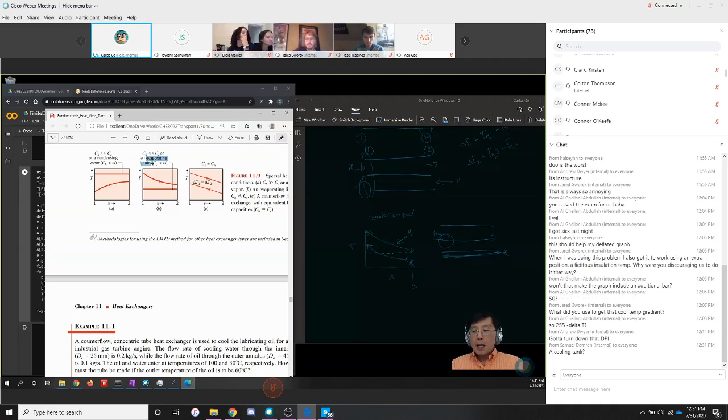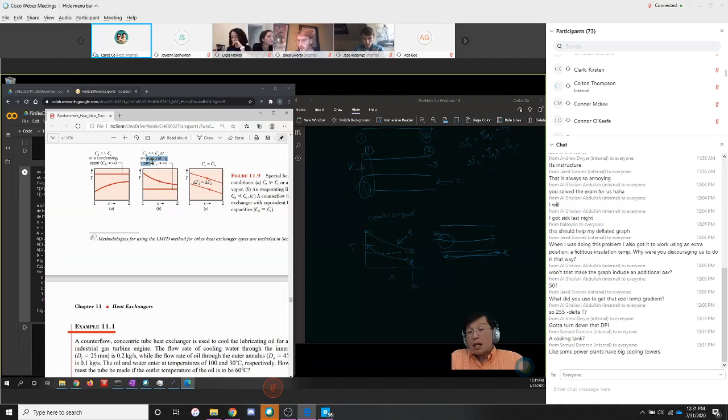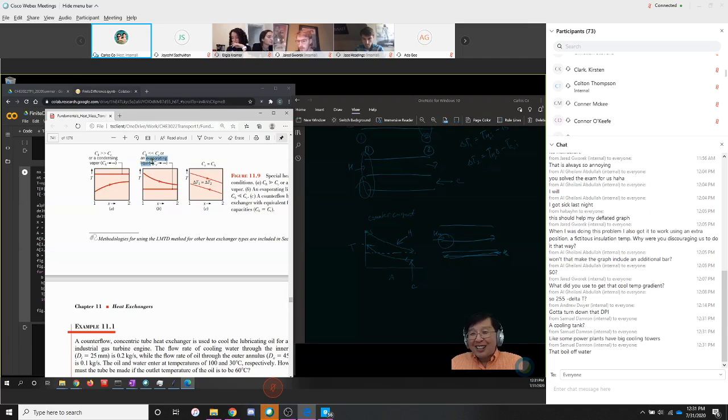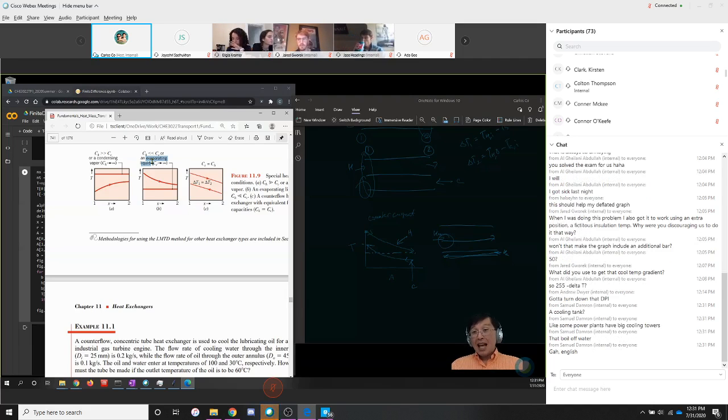Well, usually a cooling tank. Be a bit more specific, Sam, about what you mean by a cooling tank. There are just so many scenarios. Let's say some plants have big cooling towers. Oh my gosh, that boil off water.